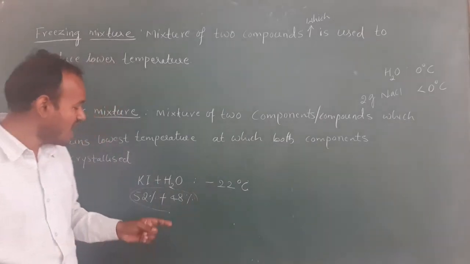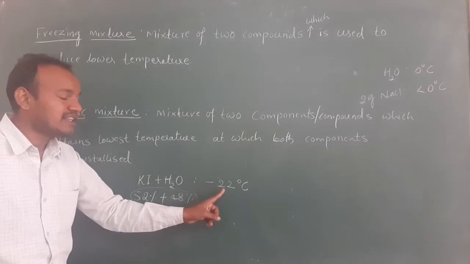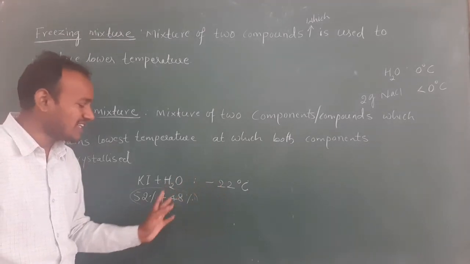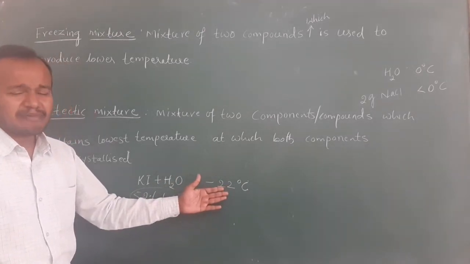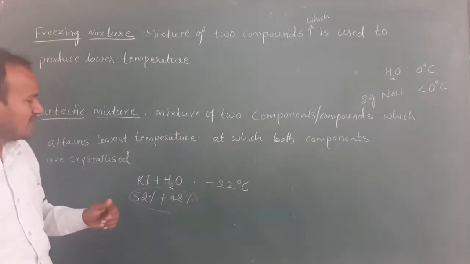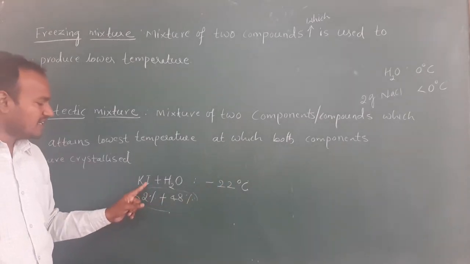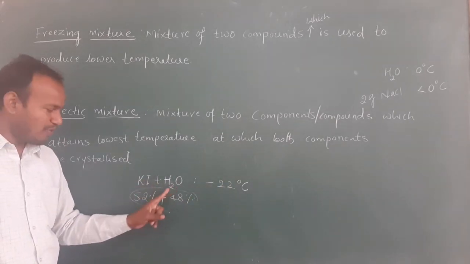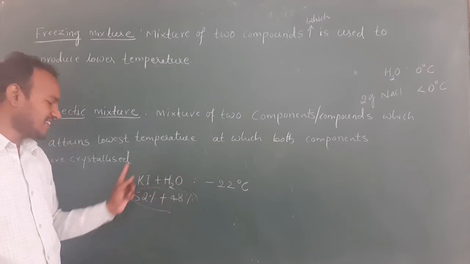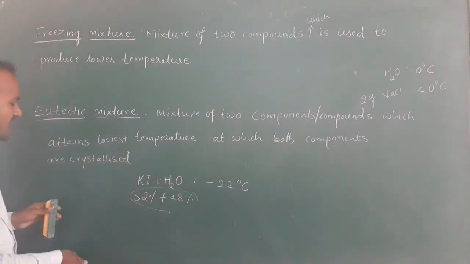At this particular composition only, this is the lowest temperature possible. Other than this, the temperature is not this low; it is higher. So this lowest temperature is attained at this composition of KI and water, and this mixture of KI and water is called a eutectic mixture.